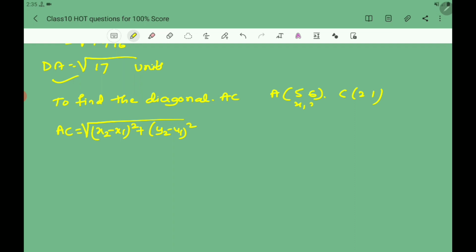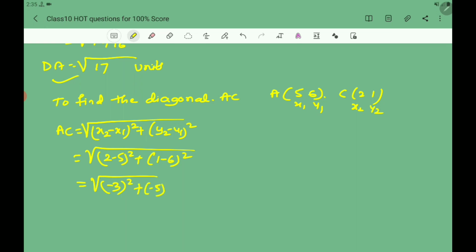These are x1, y1, x2, y2. Then square root of (2 minus 5) whole square plus (1 minus 6) whole square, that equals (minus 3) whole square plus (minus 5) whole square.